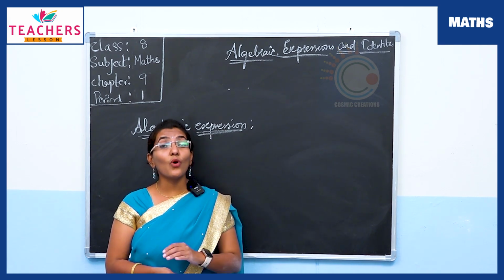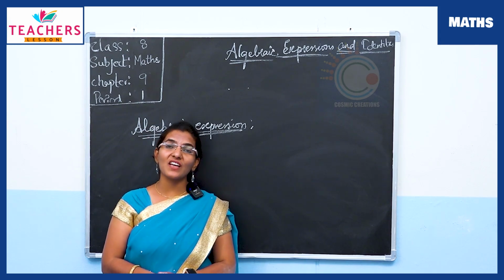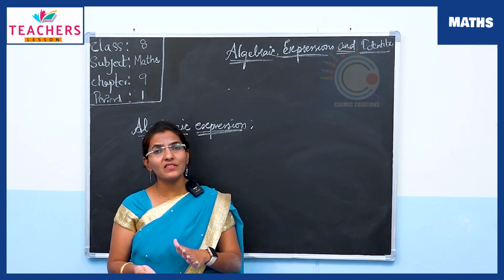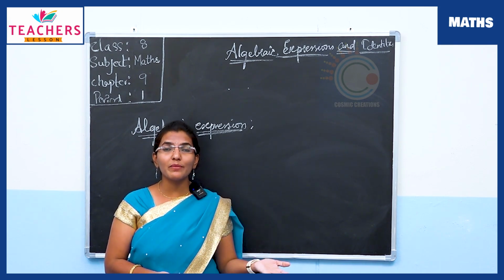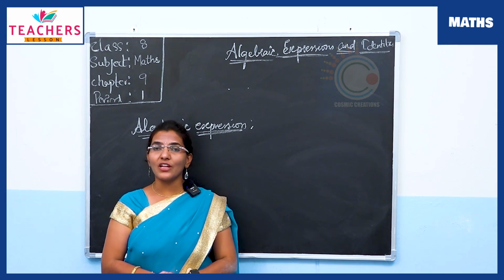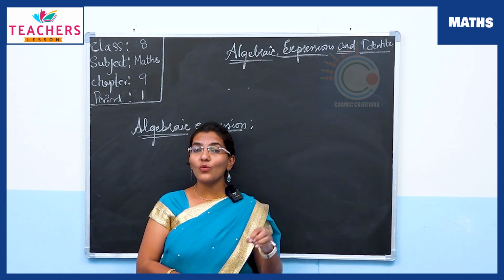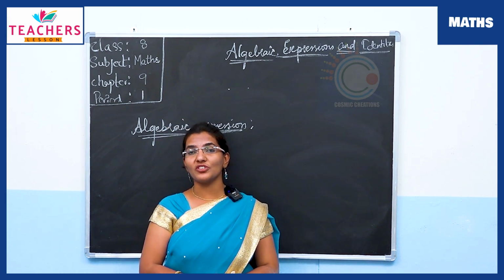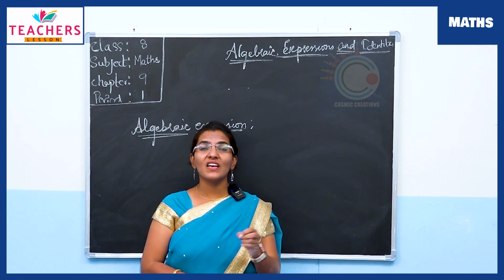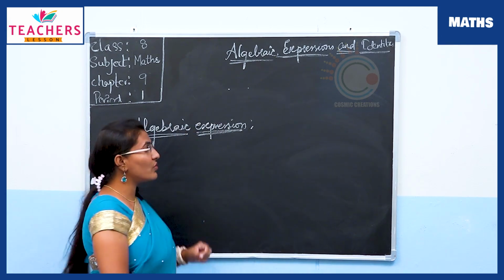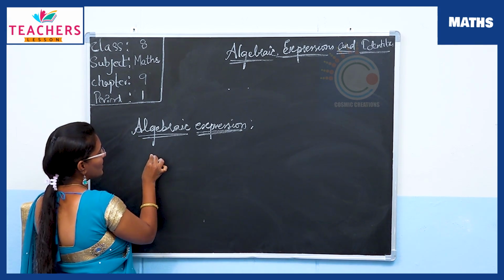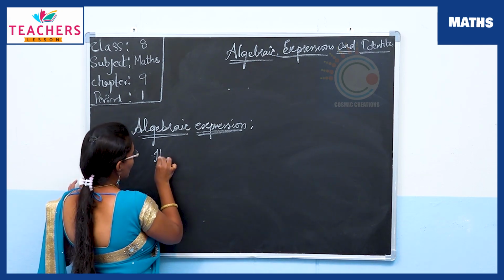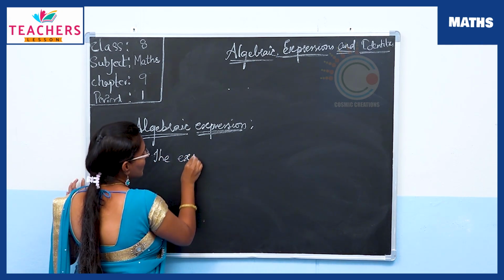It can be either the variables alone or the terms alone, united by the basic arithmetic operations. By using the basic arithmetic operations, an expression is formed. So how can you write the definition, students?